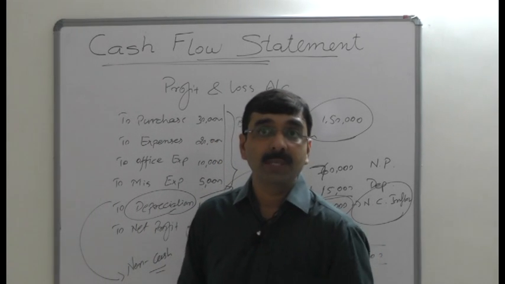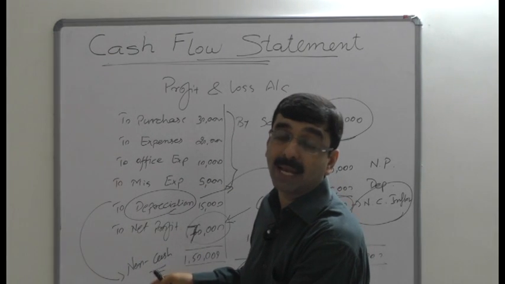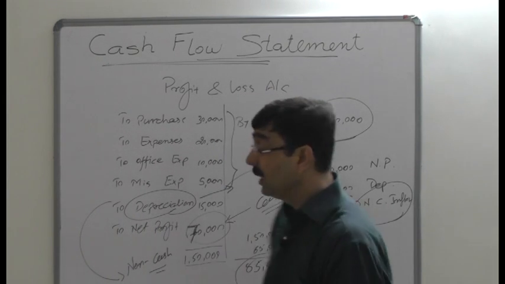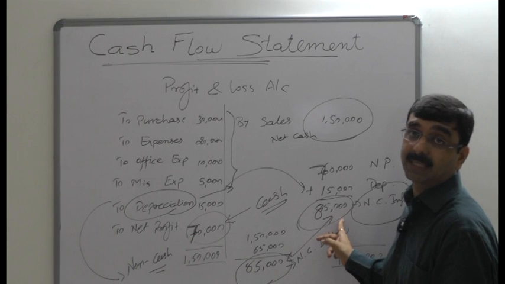Here, as per the above calculation, it is clearly observed that in order to determine the net cash inflow due to the operations, non-cash items debited must be added back to the profit. The depreciation is a non-cash item, and that's why we added it back into the profit to identify your net cash inflow.